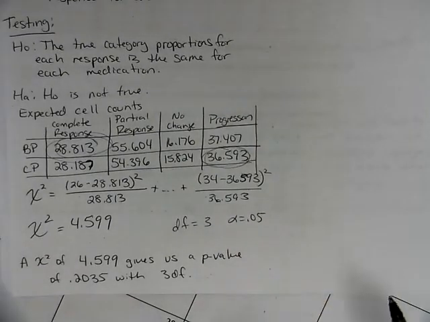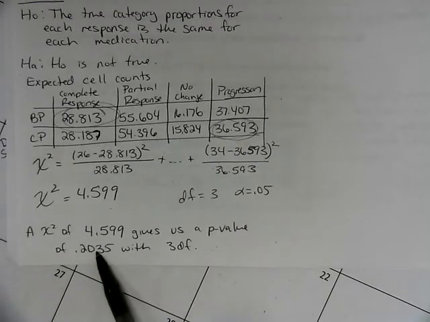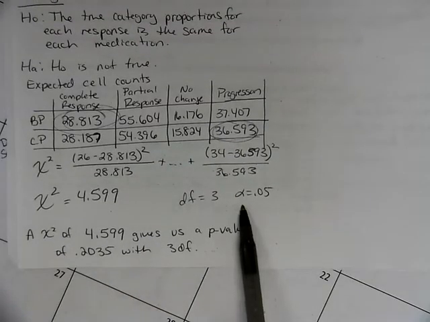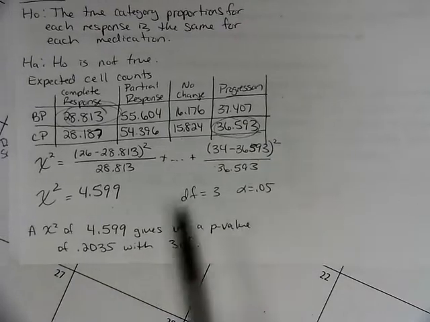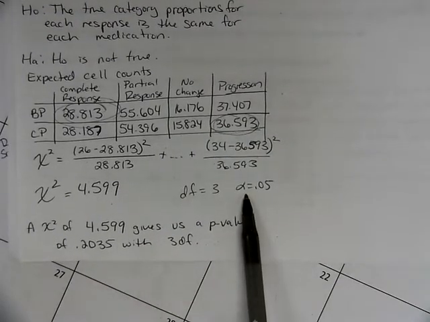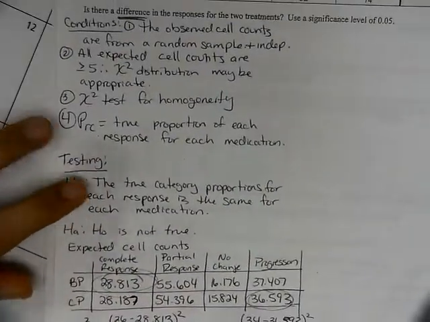Okay, questions so far? So, let's look. Is our p-value greater than our alpha? Yes. So we're going to fail to reject. So it looks like we're sticking with the null hypothesis.